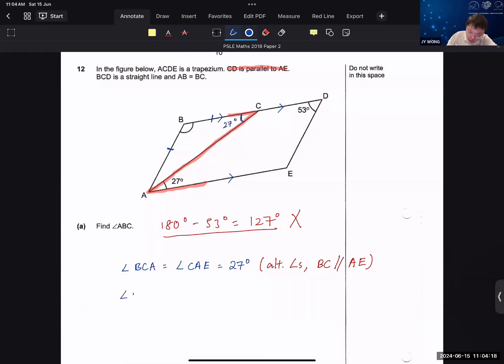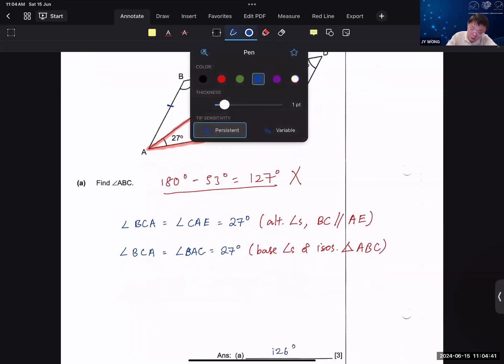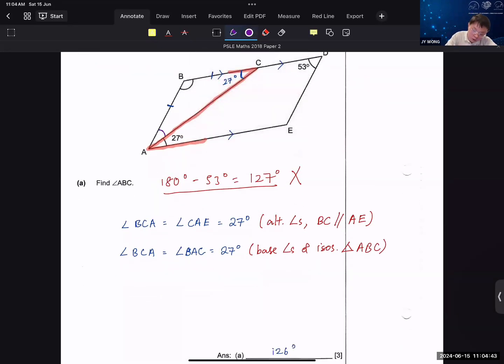And then you will be able to see that angle BCA is also equal to angle BAC, which is equal to 27 degrees because base angles of isosceles triangle ABC. So you will find that this angle is also 27 degrees.